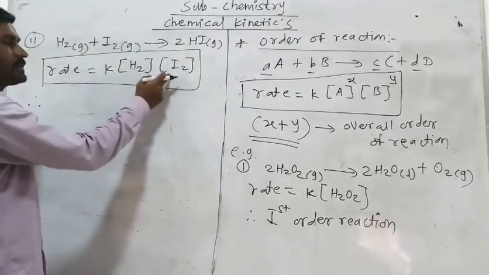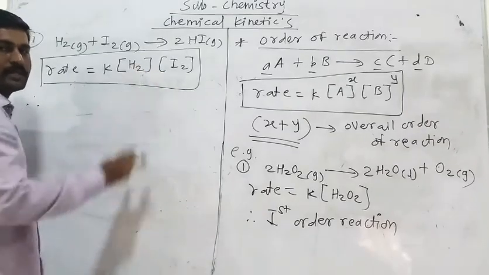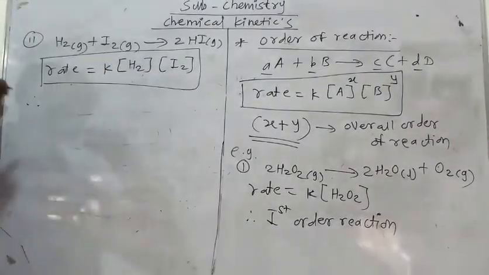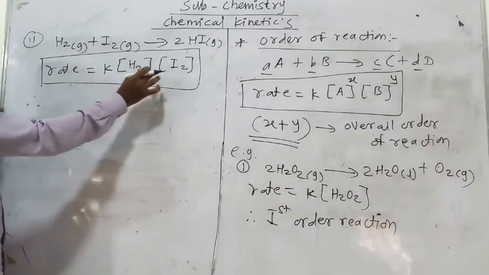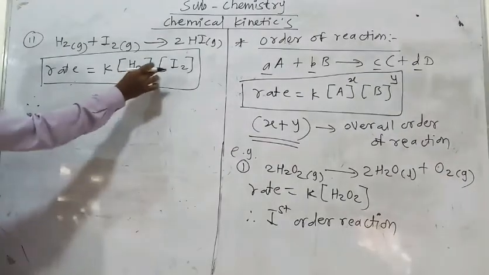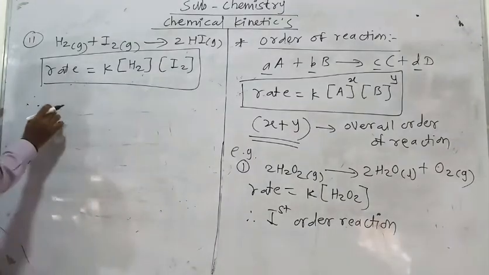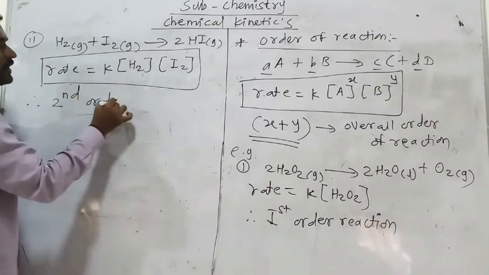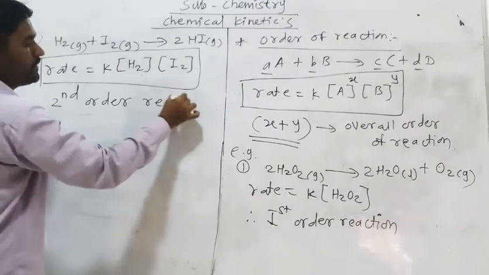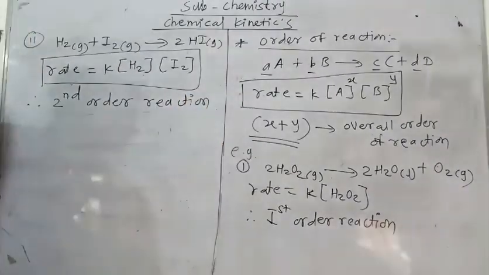If the rate of reaction depends on two reagents, then the reaction is bimolecular. That's why the overall rate of reaction depends on these two reagents, and the order of reaction becomes second order. The reaction is a second order reaction.